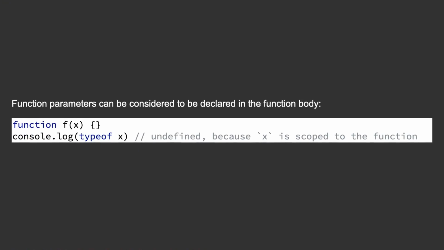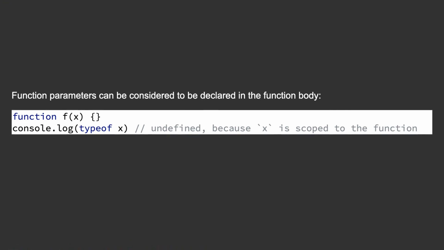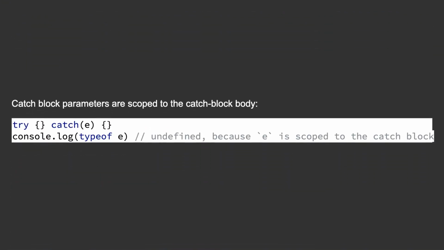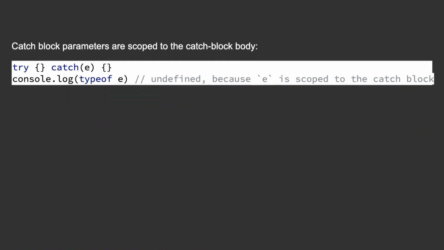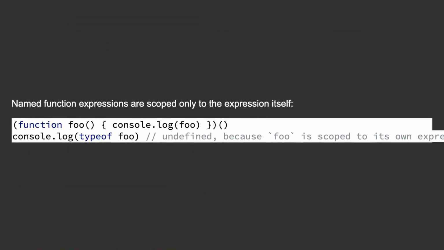Function parameters can be considered to be declared in the function body. Catch block parameters are scoped to the catch block body. Named function expressions are scoped only to the expression itself.